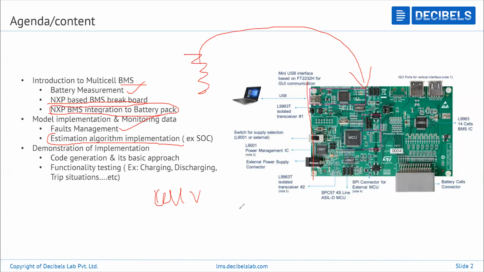So I will be using that battery pack for my demonstration. What data you can monitor: cell voltages, pack voltage, the current value, one or more temperature sensors, and even the basic SOC estimation, the Coulomb counting based.